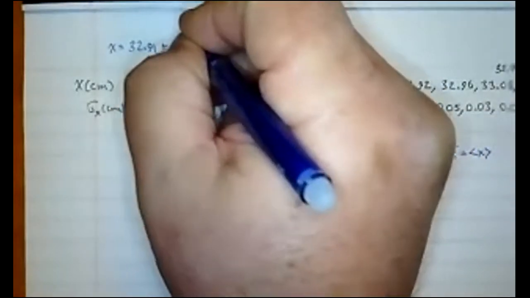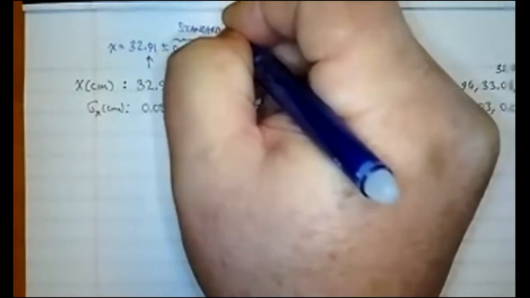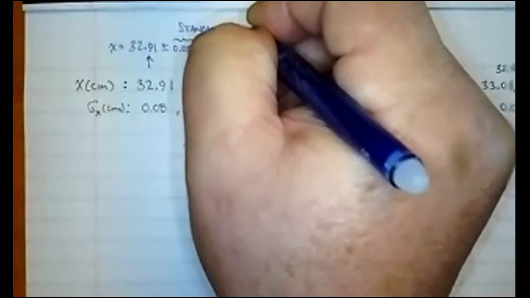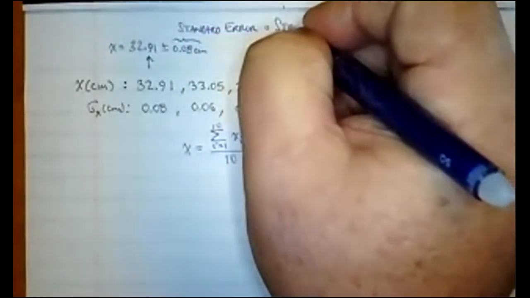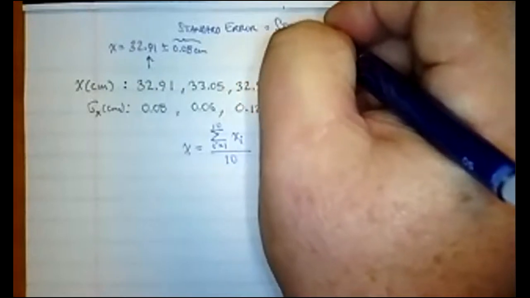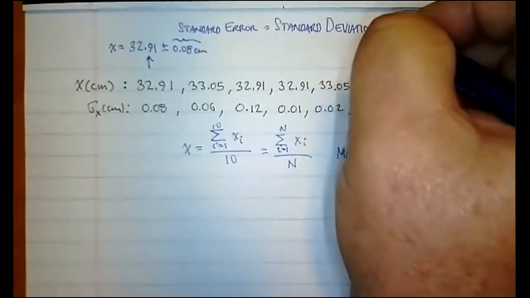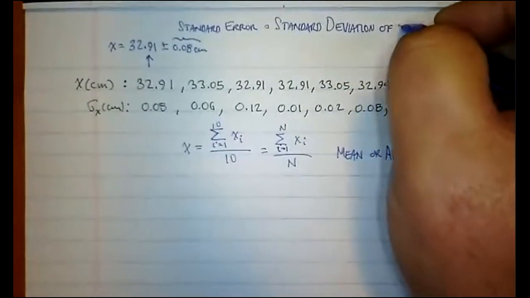Okay, this will be something called the standard error, which is also called the standard deviation of the mean.